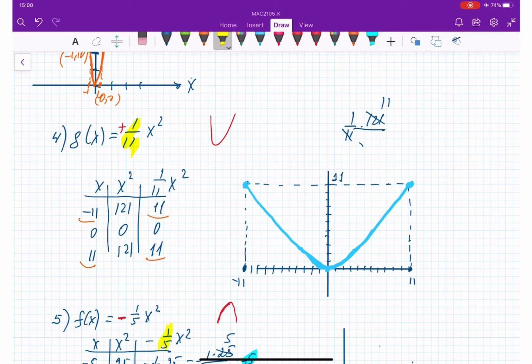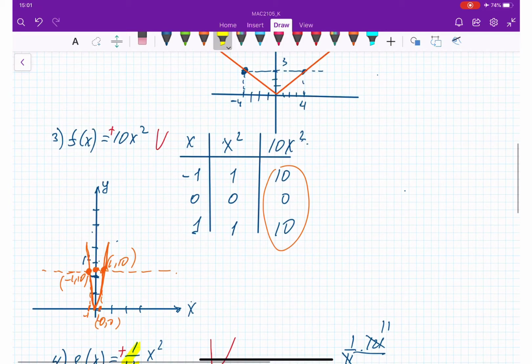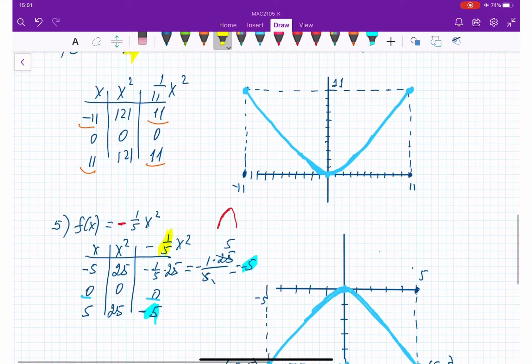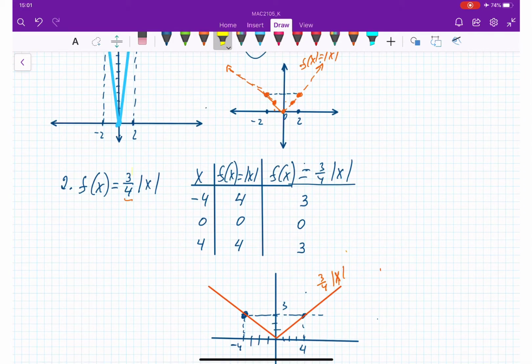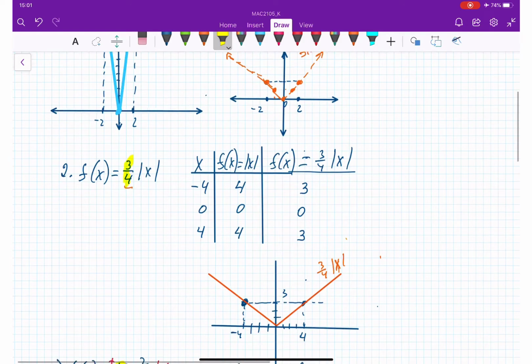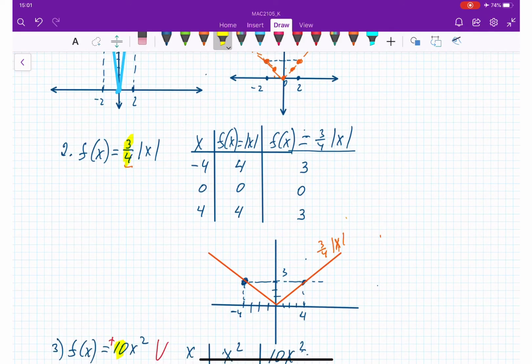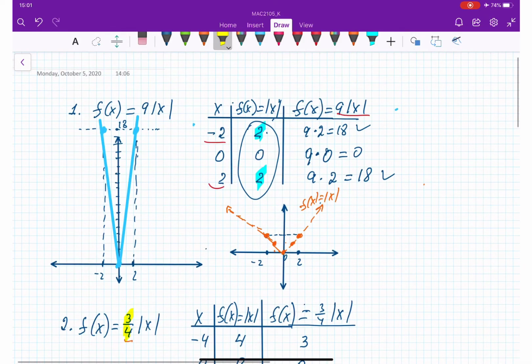It's wide. But on the other end, here we have 10. So it shrinks. It gets close to y. Okay? And the same thing here with absolute value. If coefficient is fraction, then it's widely opening the graph. But when coefficient is a whole number, then the graph is shrinking.